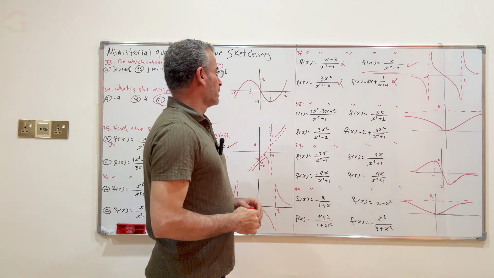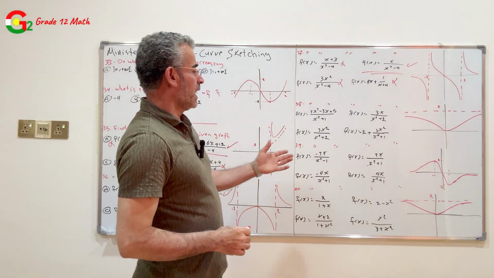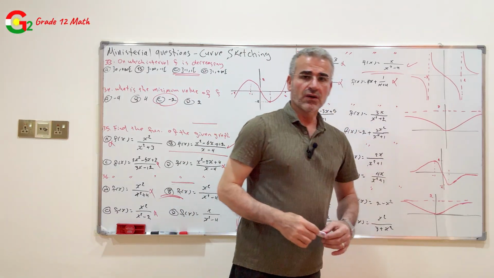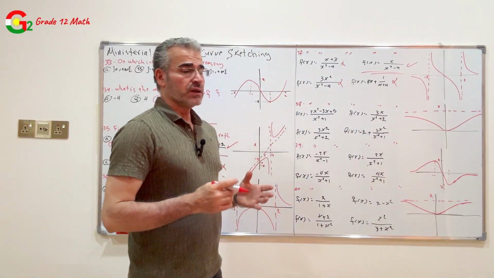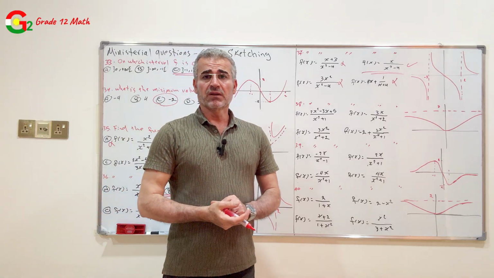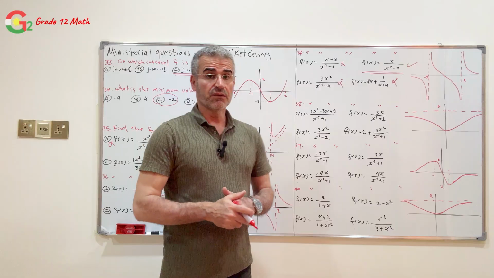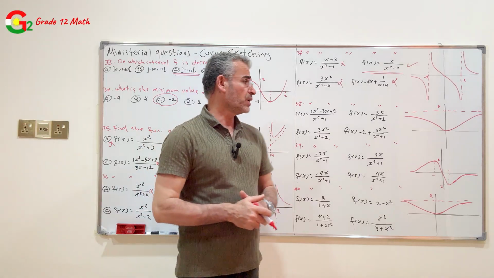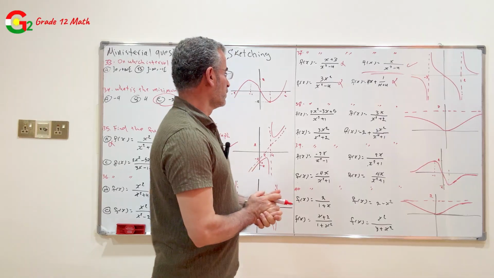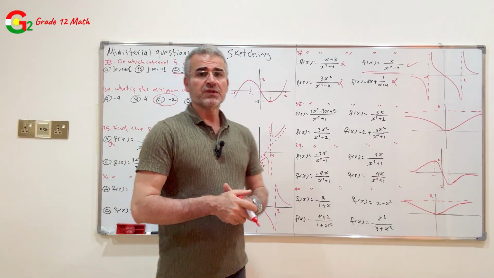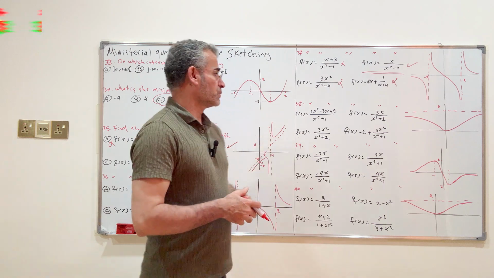Question number 38. Find the function of the given graph. As you see, the graph has a horizontal asymptote at 3. Therefore, the degree of the numerator should be equal to the degree of the denominator, and the coefficient of the leading term in the numerator should be 3, and the coefficient of the leading term of the denominator should be 1, or the division of the leading term in the numerator and denominator should be 3.